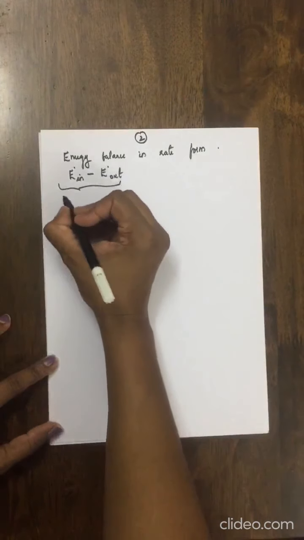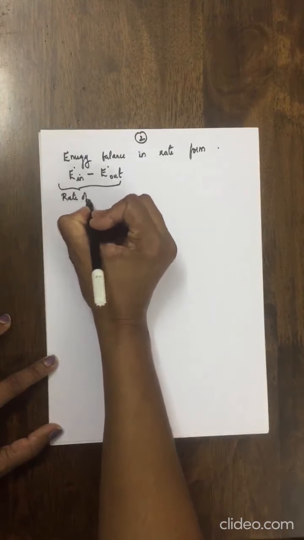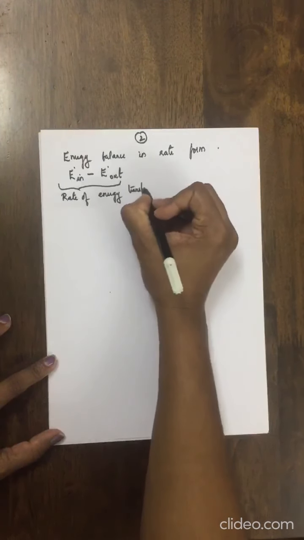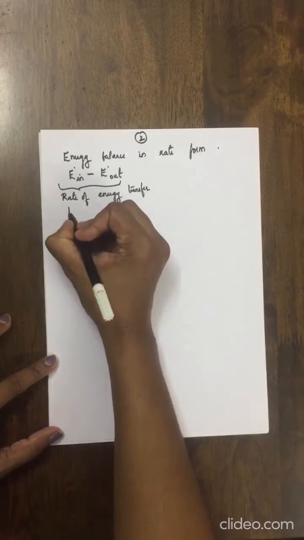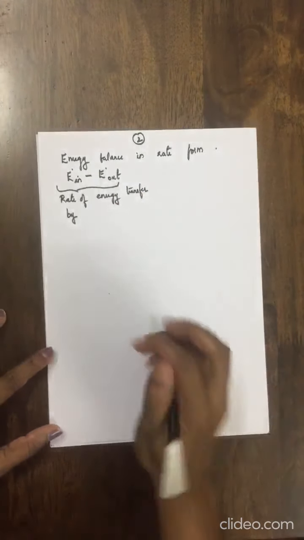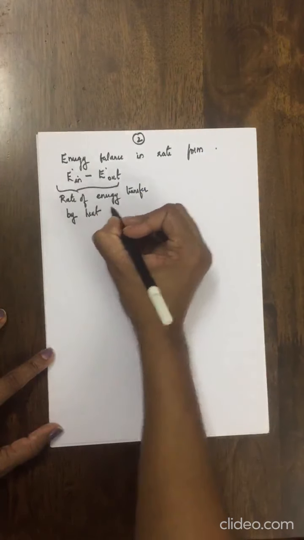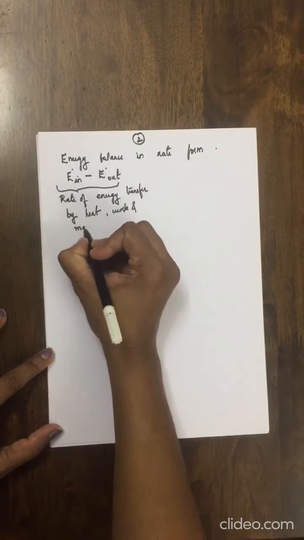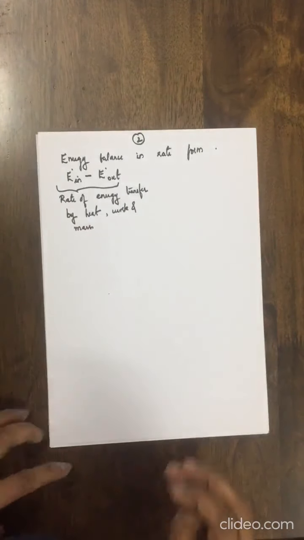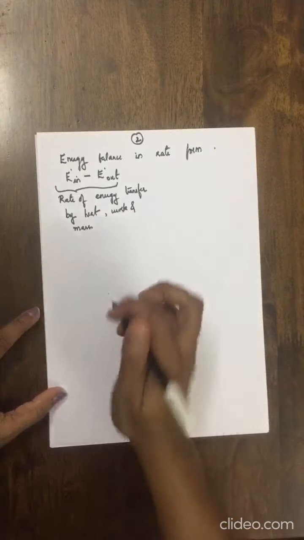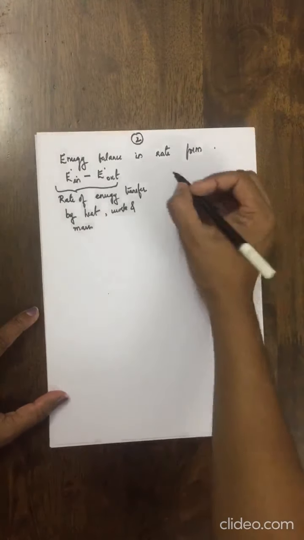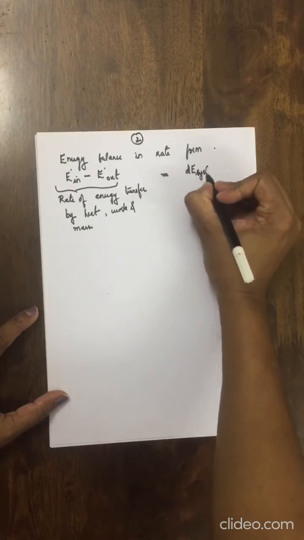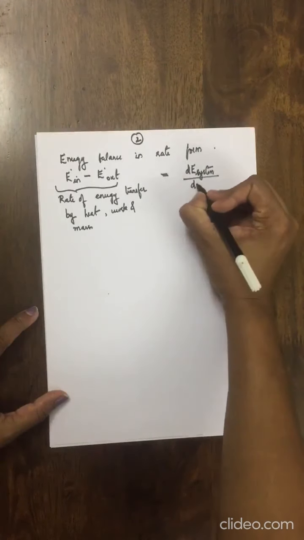It is the rate of energy transfer by heat transfer mode, heat, work, and the energy associated in and out of the system once mass flows in and out of the system, which is equal to dE of system, the change in energy of the system with respect to time, dt.